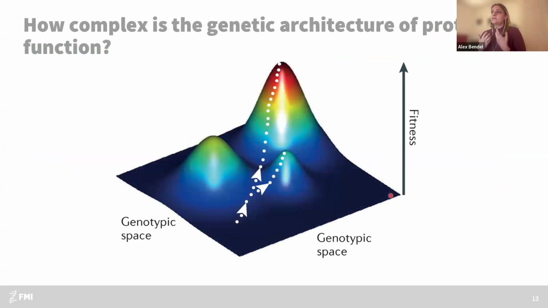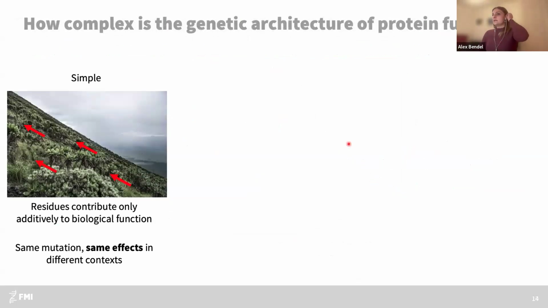To answer this question, we first need to understand how complex the genetic architecture of protein function, or rather protein-protein interaction, really is. On the one hand, there is the possibility that the genetic architecture of protein function is simple, so that individual residues only contribute additively to biological function, or differently said, the same mutation occurring in a different genetic background or context has largely the same effect.